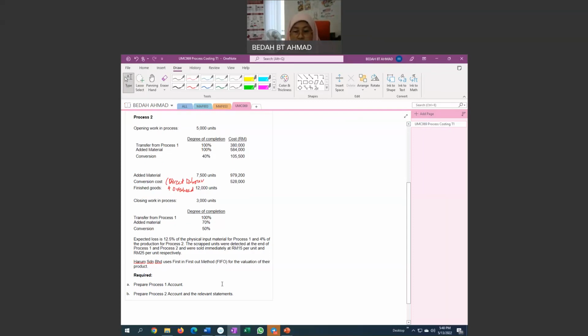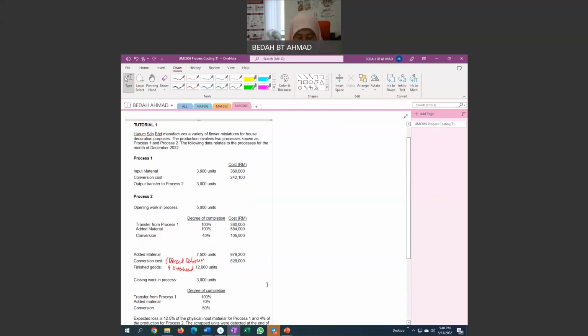You start by preparing the process 1 account. So you just prepare the T account here.